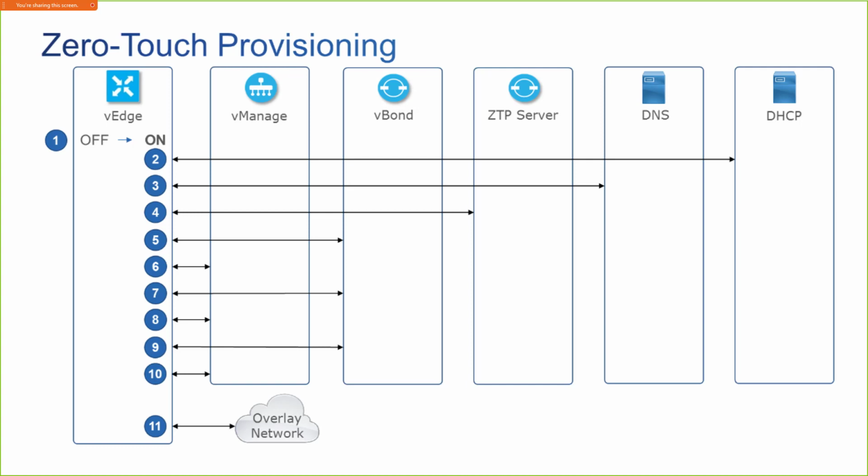SD-WAN is really about improving the administration of the overall WAN itself, but also about improving customer experience, right? We need to eliminate the need to send an expert to deploy our SD-WAN endpoints, our distributed endpoints. We still need an expert to do the core pieces, right? To talk about the vManage and vSmart controller and so on, and orchestrator or vBond.